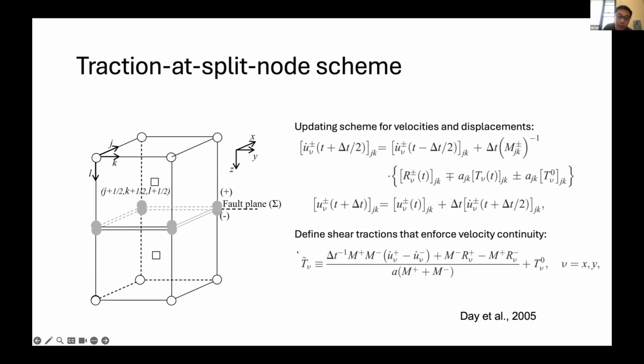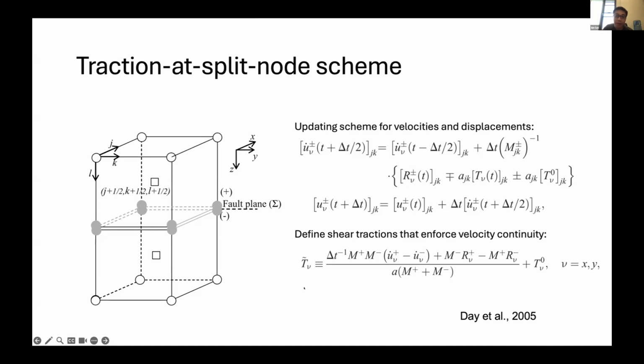And what's important in his paper is to propose a traction that's defined in this way. This traction is actually used to calculate the maximum friction that's allowed between the nodes.